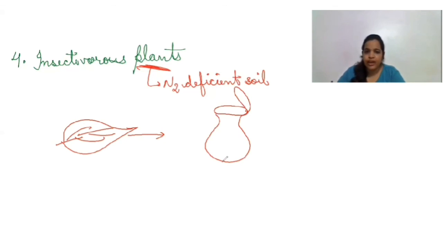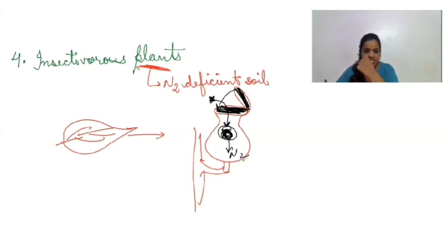This is one of the plants where the leaves get modified into a specific structure, and what it does actually, when an insect comes for the nectar and enters into the leaf thinking that it will get the nectar, this flap over the entrance will just get closed, and once the complete structure gets closed, this insect remains within the leaf and it gets digested and the plant gets nitrogen from this insect.